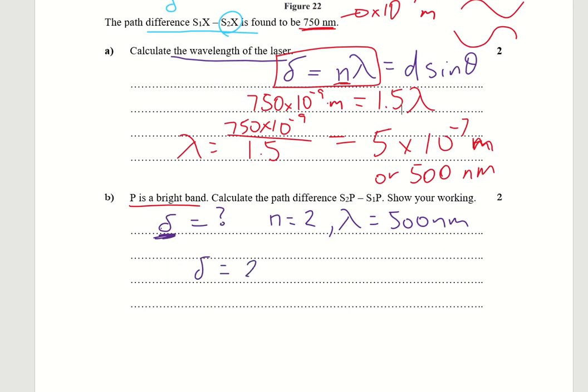So delta equals 2 times 500 nanometers. And that gives us 1 times 10 to the power minus 6 meters. Okay? So that's what we have there.